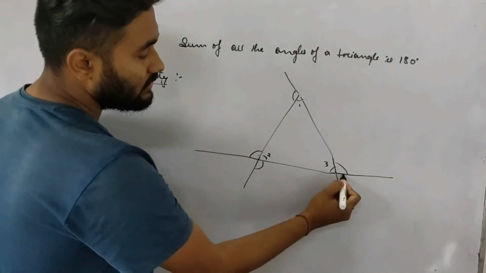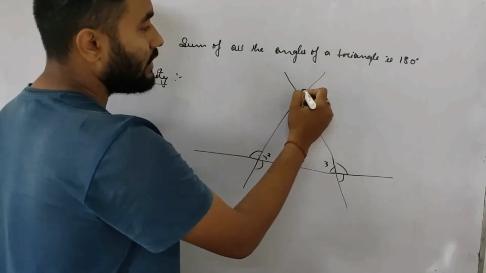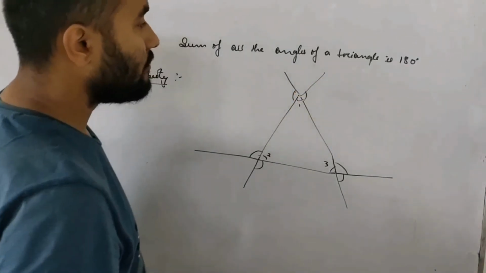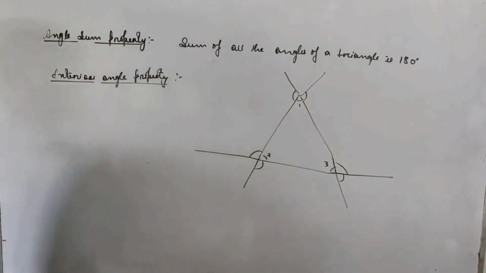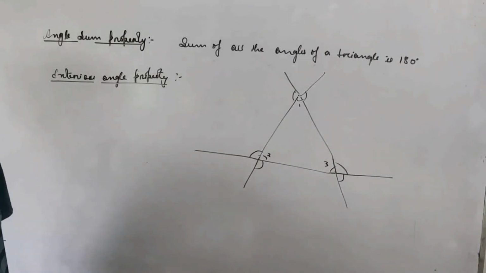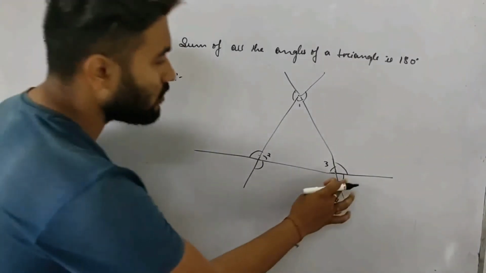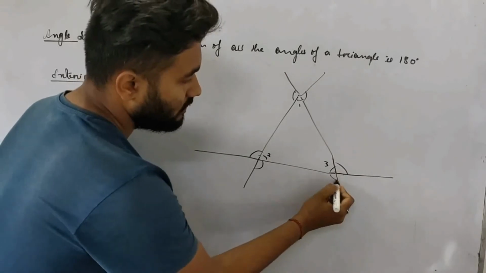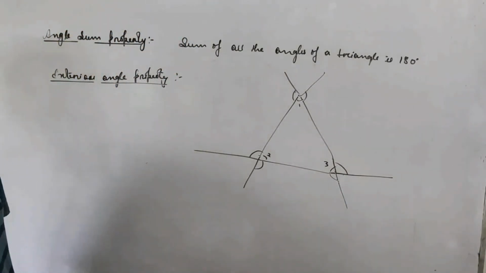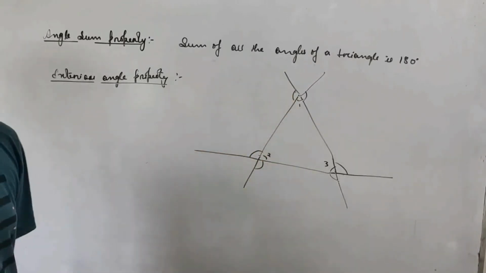Sorry, this one is not an exterior angle. This angle will be your exterior angle. So these are the exterior angles of a triangle.